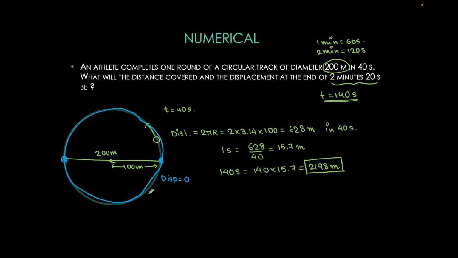So the straight line distance is 200 meter. The displacement after 140 seconds is just 200 meter. I hope you have understood the question very well, because this was quite a tricky question.